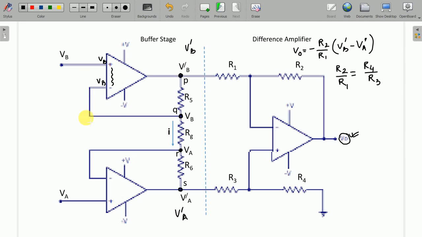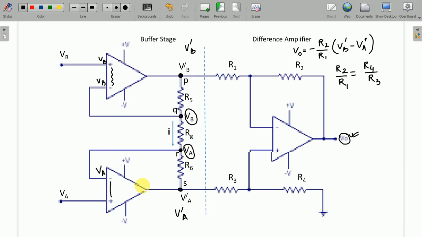And since this point is connected to this part, it will also be at a potential equal to VB. Similarly, VA is there and nothing flows through this. Hence this point is also at VA, and that is why this is connected this way. I hope you agree to this.